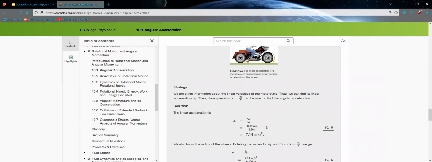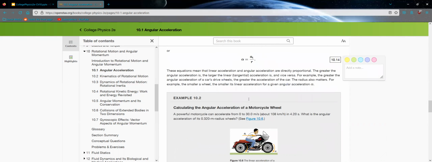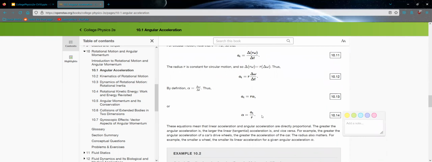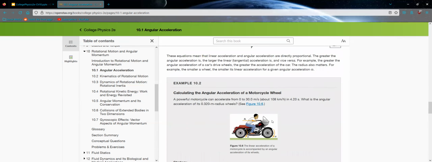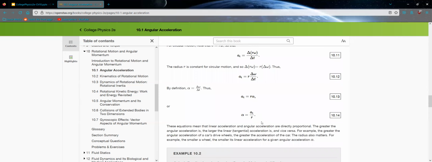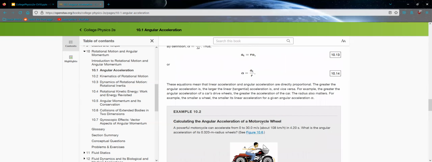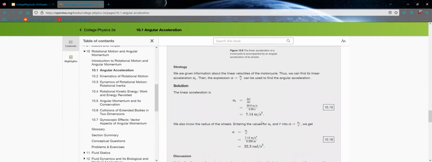So, as I said before, we can solve these things by first figuring out what we need. We need alpha. Alpha is defined by equation 10.4 as A sub T over R. Cool. Do we know the radius? Yes, we do. It's given to us. Do we know the tangential acceleration, the linear acceleration? Well, we're lacking that, right? But we can solve it.